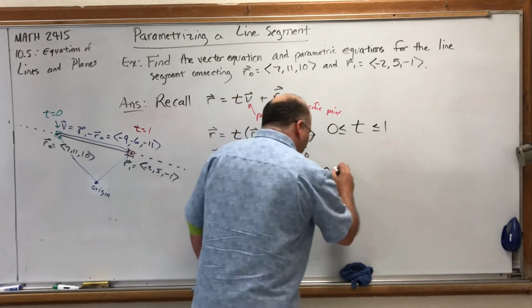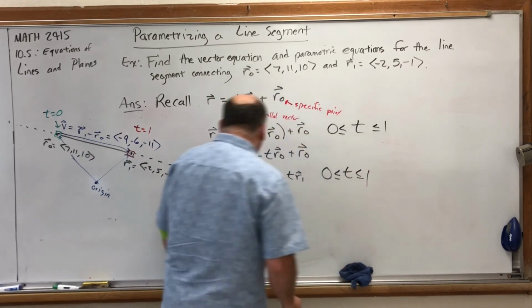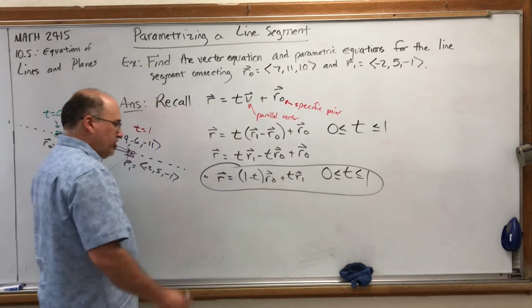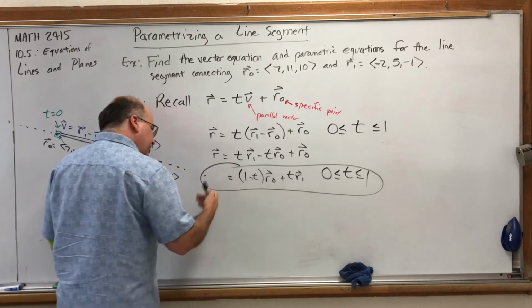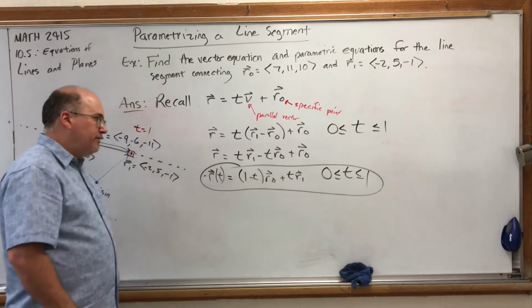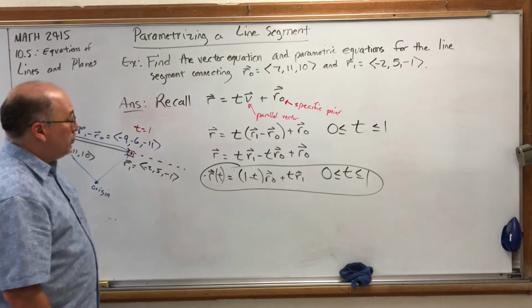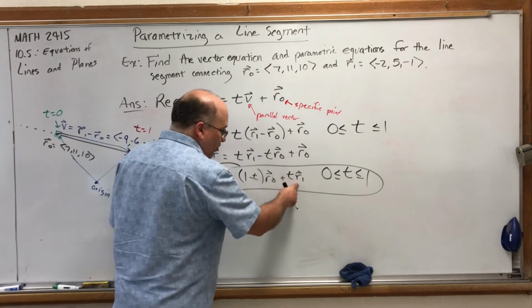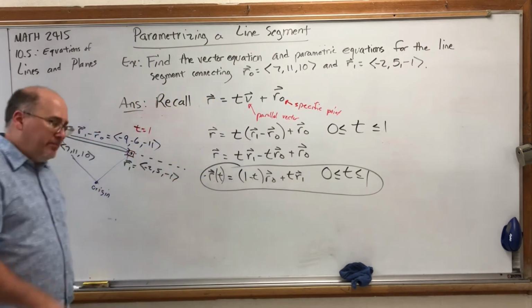Keeping in mind that our parameter is between 0 and 1, this, which actually is a function of t, so I could go back here and say, hey, calculate the vector based on the value of t. This is the parametrization of a line segment that starts at R0, ends at R1, and assumes every point in between.